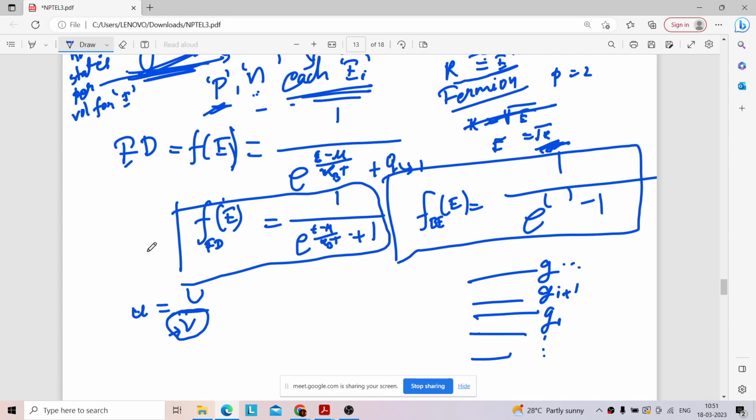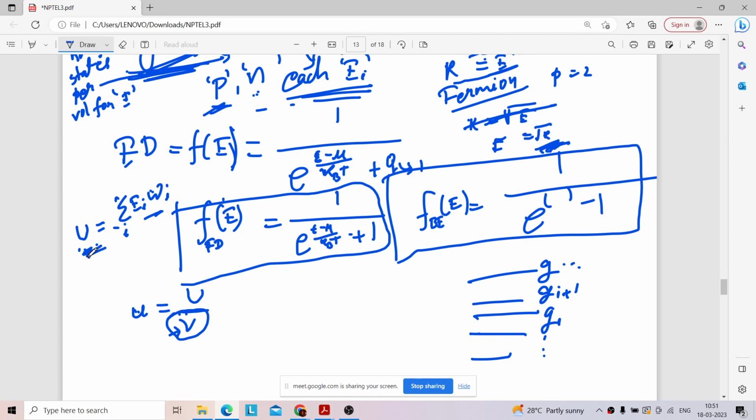Now I want to calculate this U. U is the total internal energy. It's like the summation of E_i over the number of microstates, or W_i, something like this.